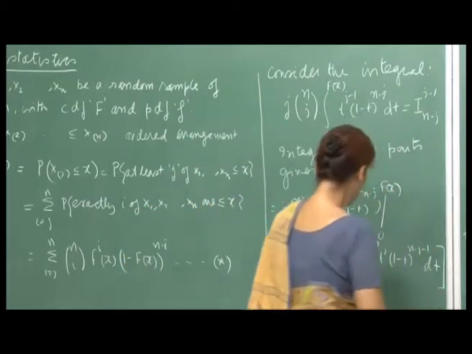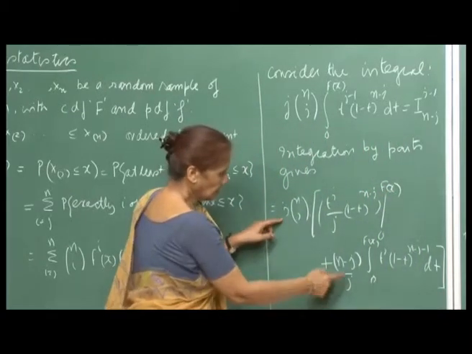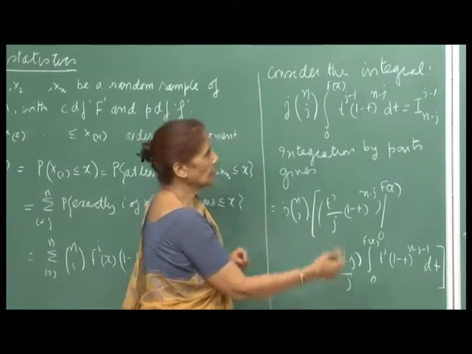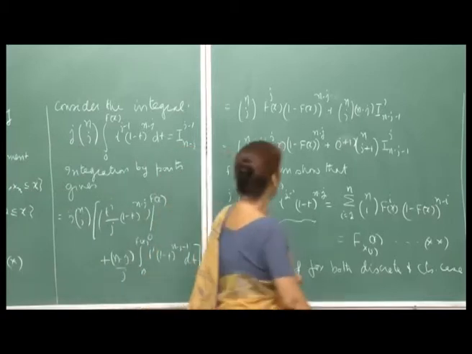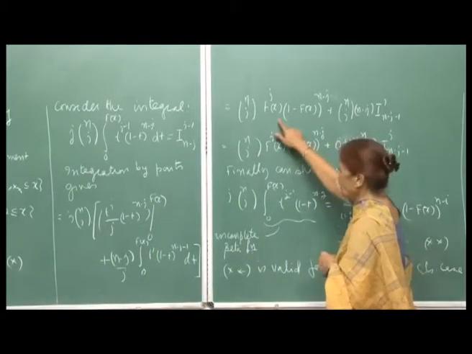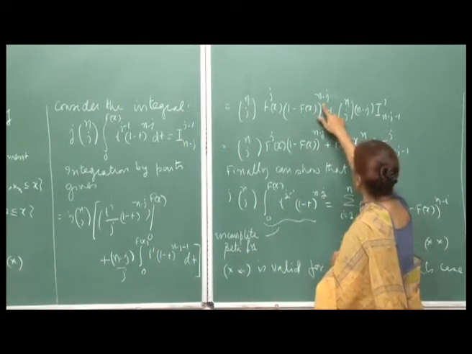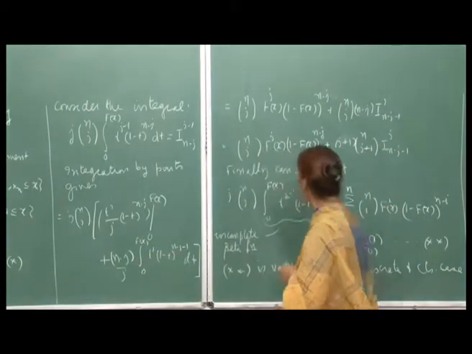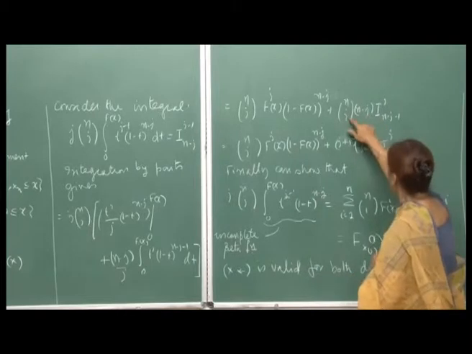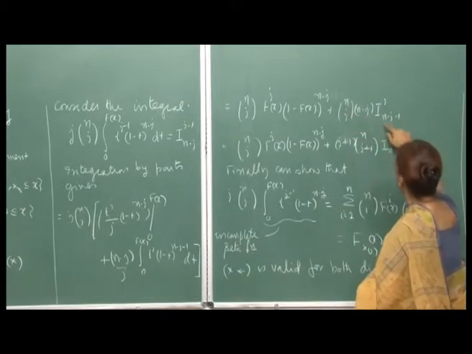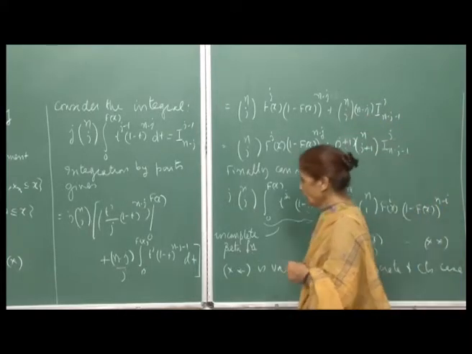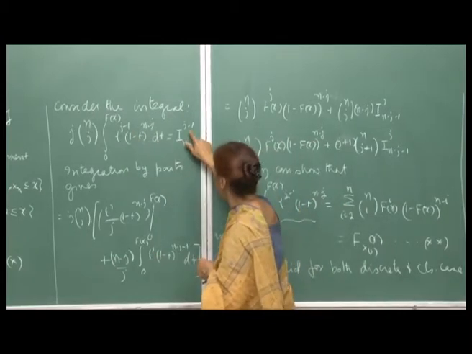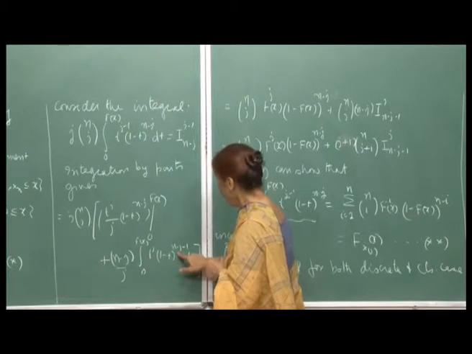See, this j cancels out, because both the terms have j in the denominator. So you are left with nCj F(x) raised to j, (1 minus F(x)) raised to n minus j, plus, when you come to the integral, n minus j into nCj times I(j), with n minus j minus 1, because this was j minus 1, so this is j, and this was n minus j, so this is n minus j minus 1.